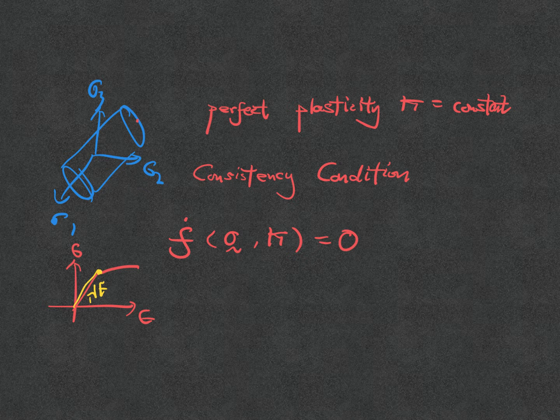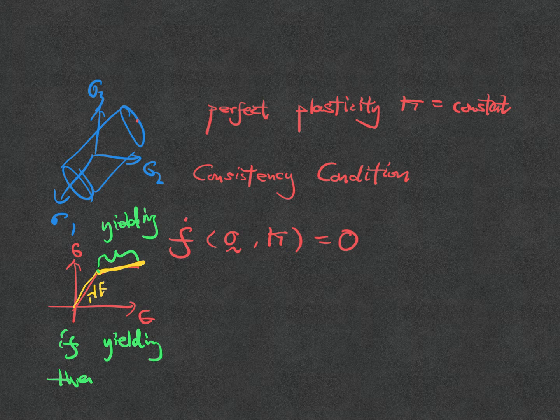Then I load it further, and all of a sudden I see the degradation, and then I see some hardening in this particular case. Now, this is important, because in this part the material is yielding, or the material has plastic yielding, and we say that if the material is yielding, then f has to be equal to 0, not smaller than 0, isn't it?